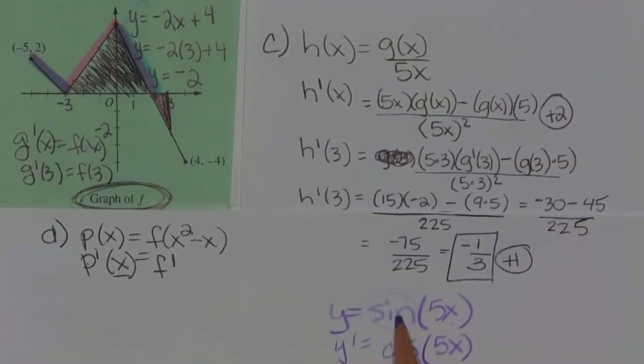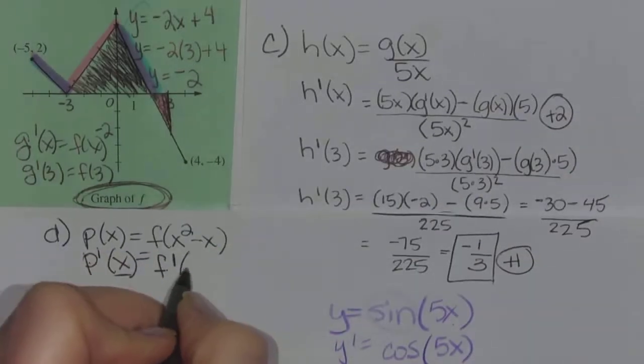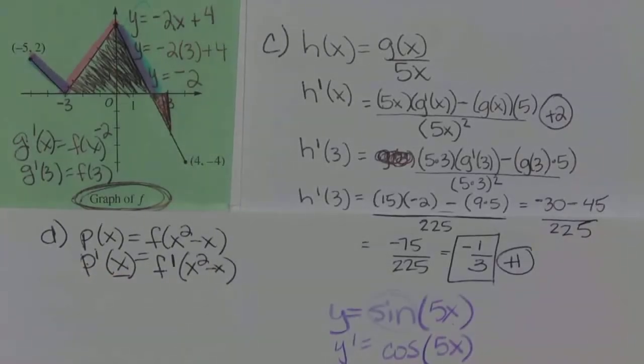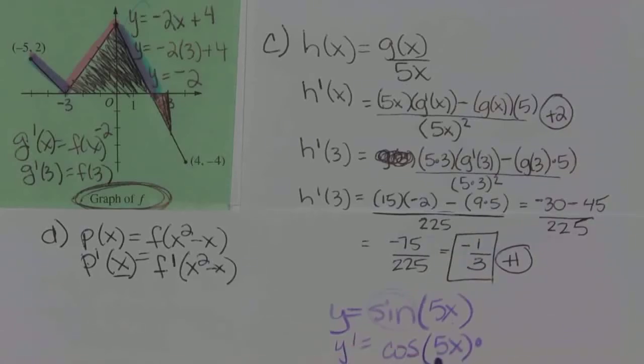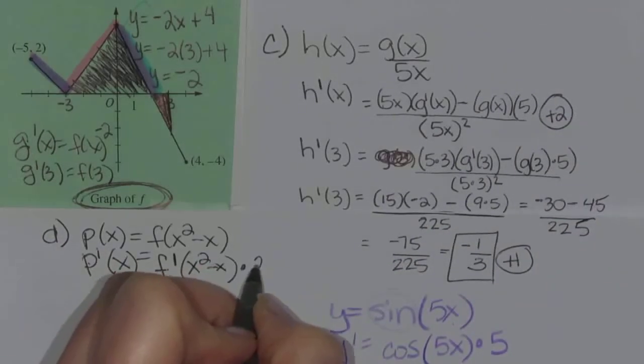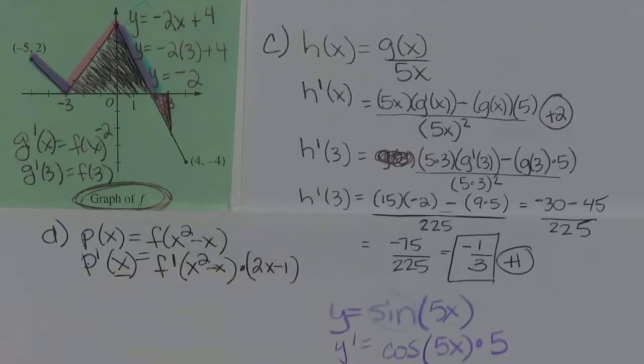We said that the derivative of sine of 5x was cosine of 5x, so let's just bring down x squared minus x. And then last but not least, we multiplied by the derivative of this piece, which was just 5. So over here, we're going to multiply by the derivative of this, which is 2x minus 1.